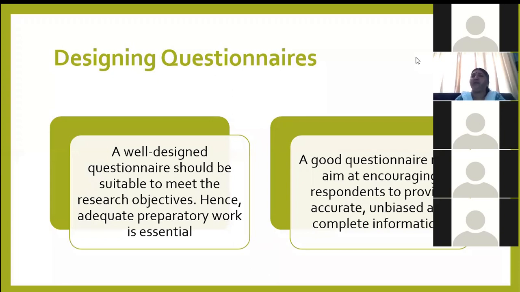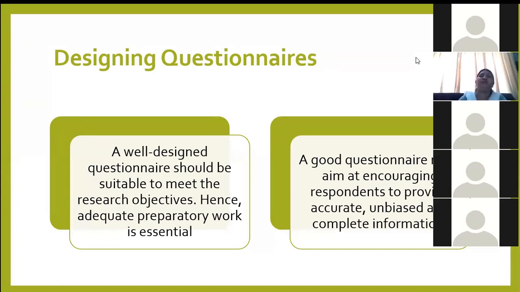You have to remember that a good questionnaire must aim at encouraging respondents to provide accurate, unbiased, and complete information. So this is also very important. So a researcher always requires accurate, unbiased, and complete information.